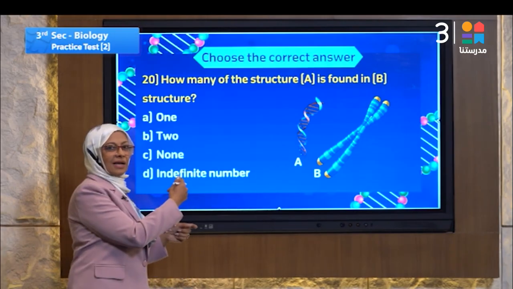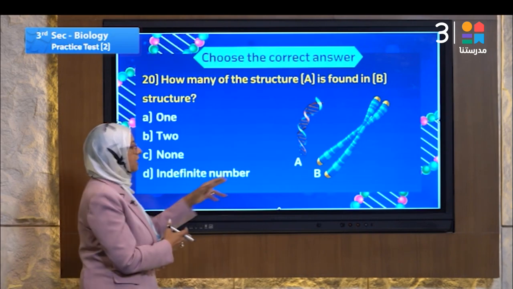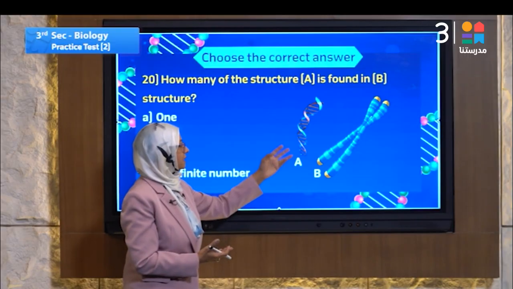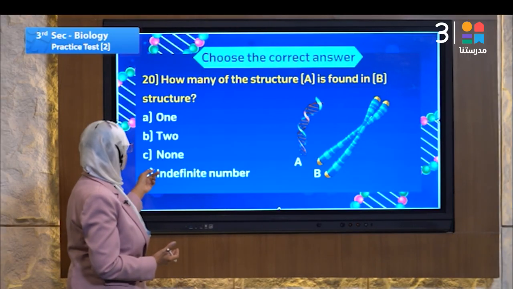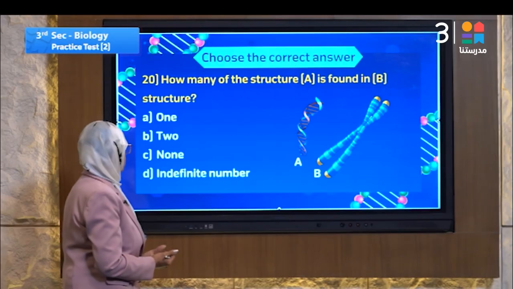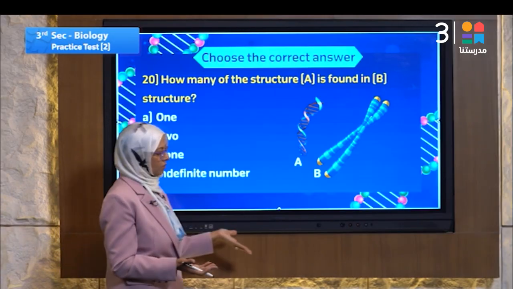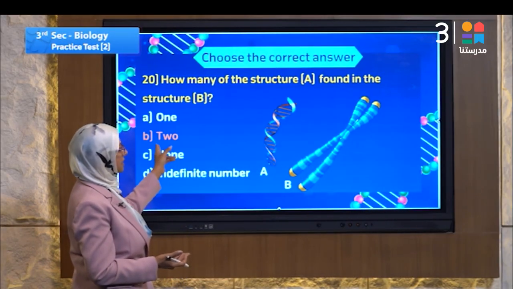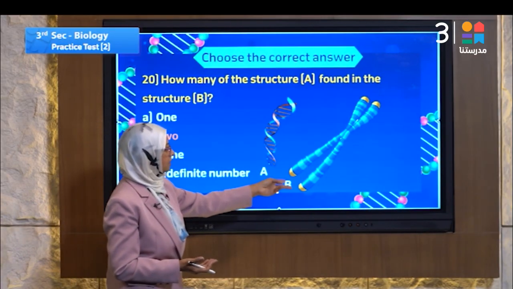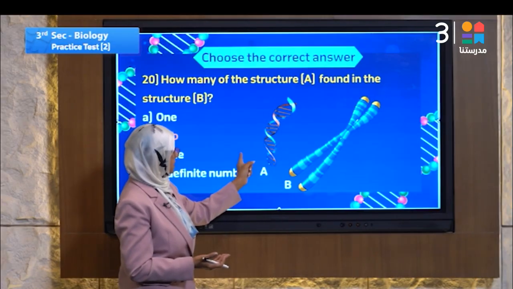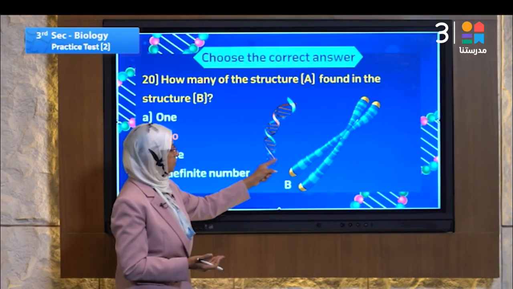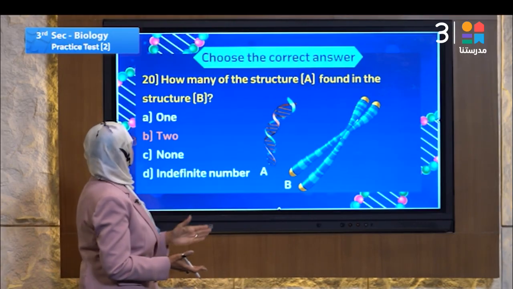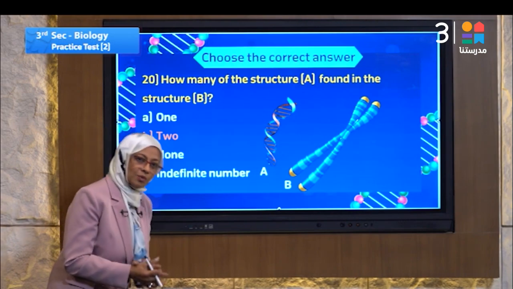Two, that's the answer. Each chromatid contains one double strand of DNA, that's structure A. Number C, none. No, it's not the answer. Indefinite number? No, it's not indefinite. The choice is 2. The answer is 2. Each chromatid contains one double helix of DNA, so with 2 chromatids, there are 2 double helices of DNA. Let's go to question number 21.